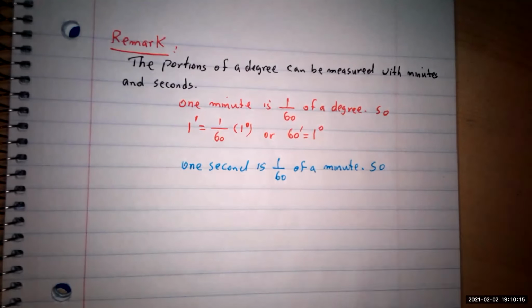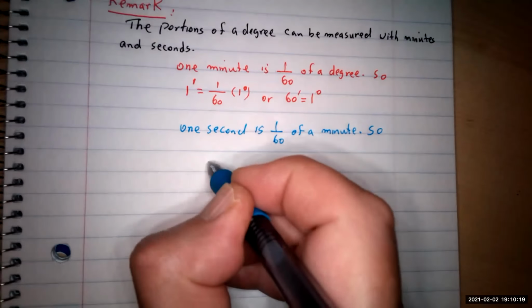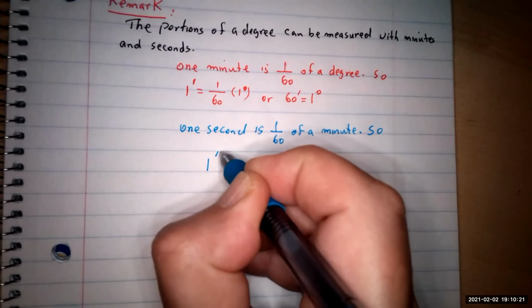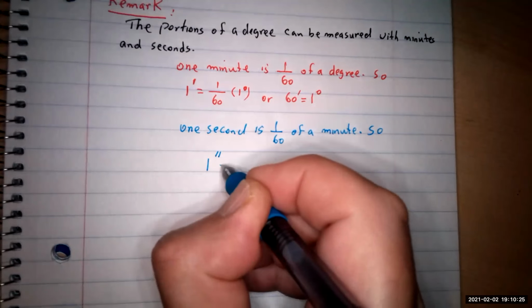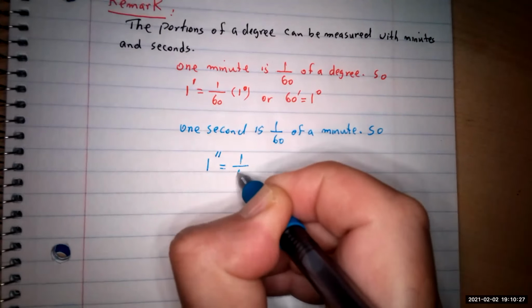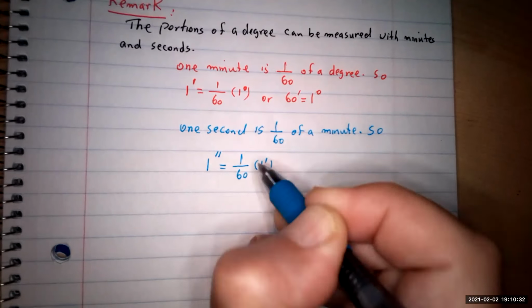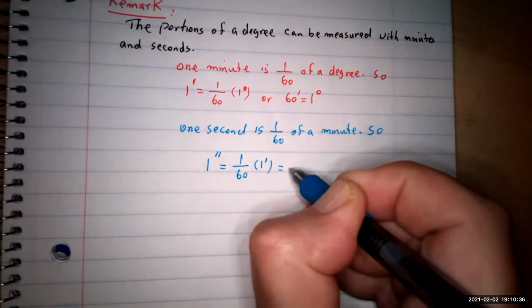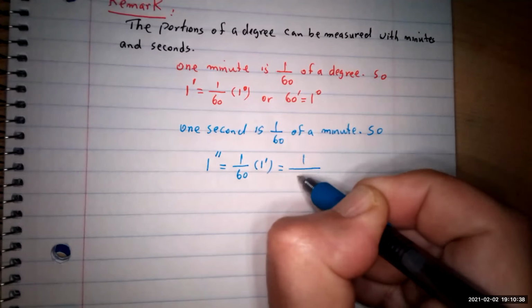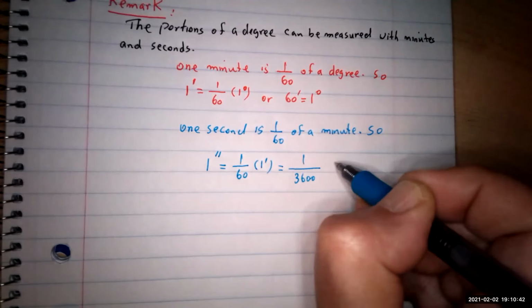So the notation for the second is going to be a double line. 1 second is 1/60 of 1 minute. Okay, you know that this is going to be the same as if you multiply by another 60, 1/3600 of 1 degree.